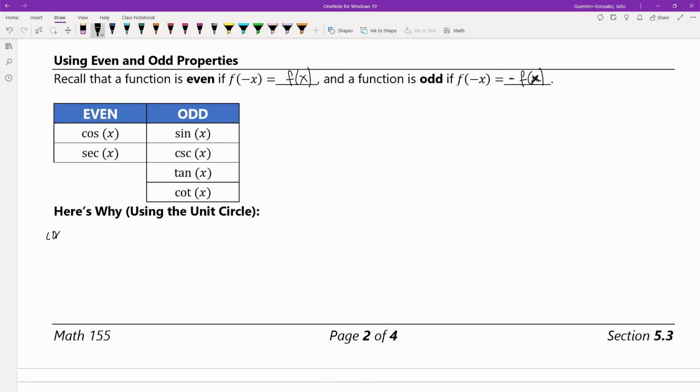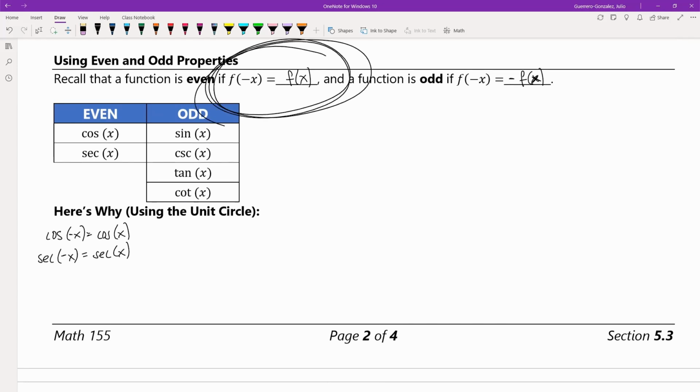So cosine of negative x is equal to cosine of x, and secant of negative x is equal to secant of x. That's what it meant to be even. If you plugged in the negative of the angle, that is equivalent to just getting the original back. That is equivalent to getting f of x back. Done.